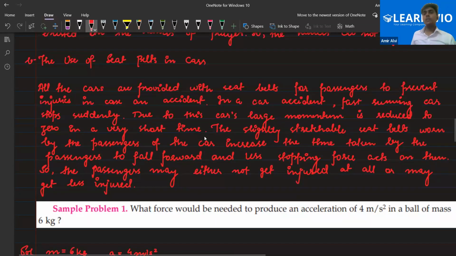So these are the questions that could be there in your exams, asked in terms of the second law of motion. We have already discussed the first law of motion examples, right?